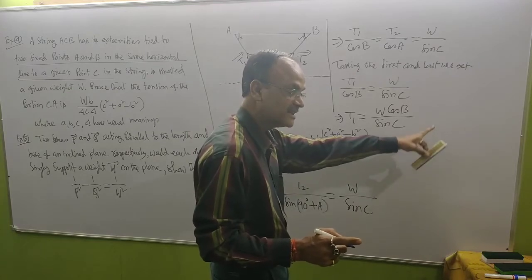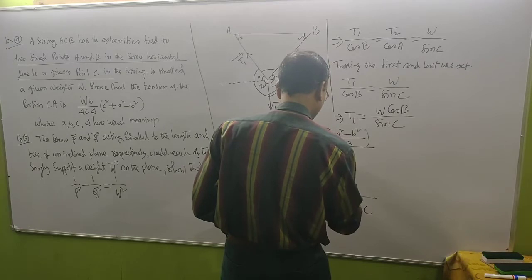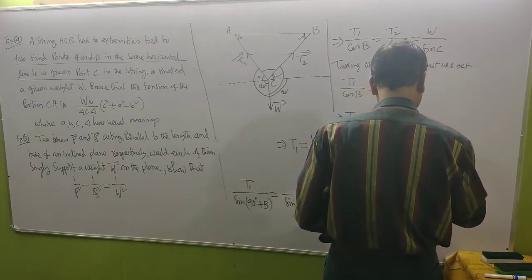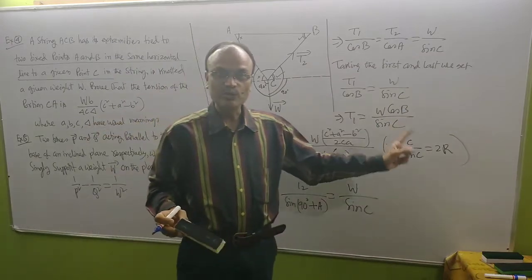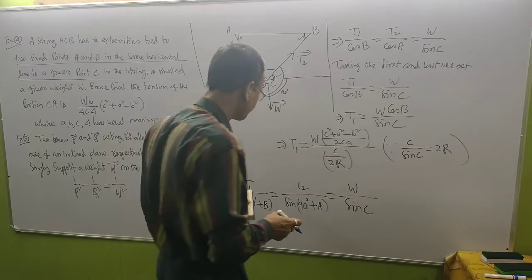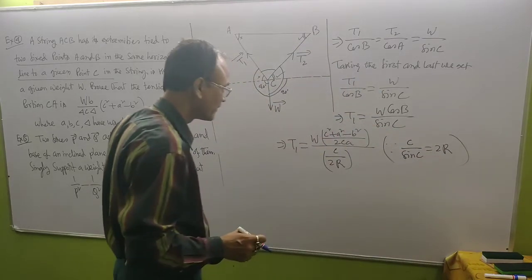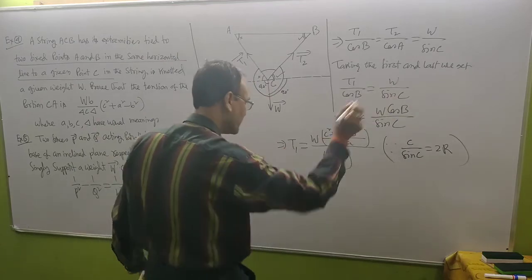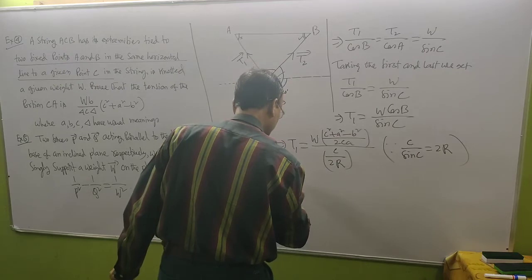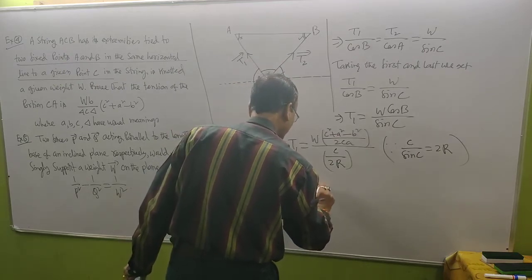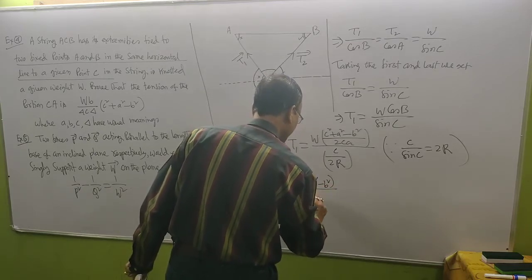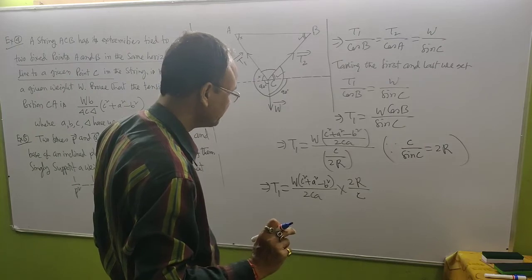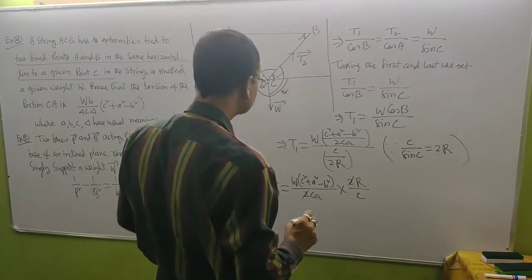Since A by sin A equal to B by sin B equal to C by sin C equal to twice R, sin C will be equal to C divided by twice R. Now this means that T1 equal to W into C square plus A square minus B square divided by twice CA, into twice R divided by C. These two will be cancelled.